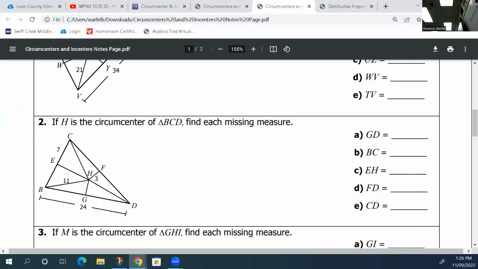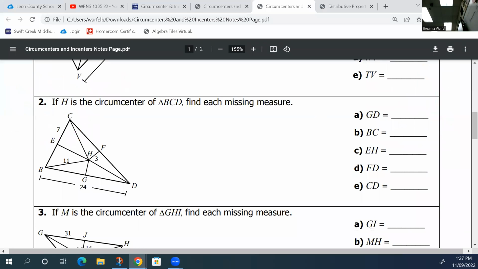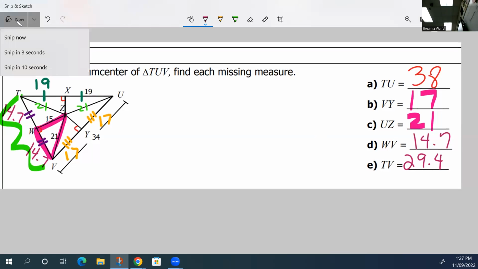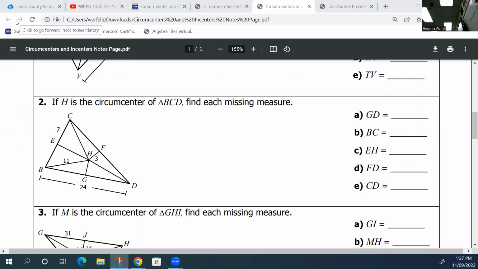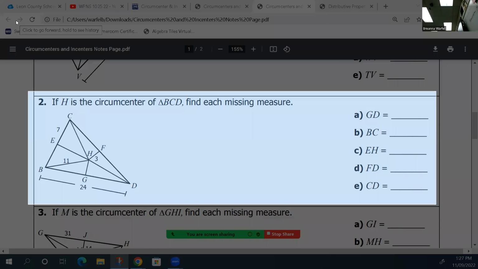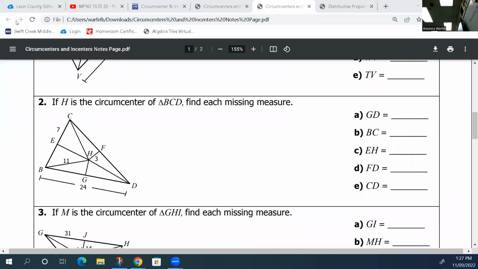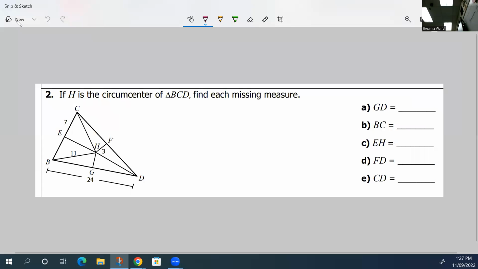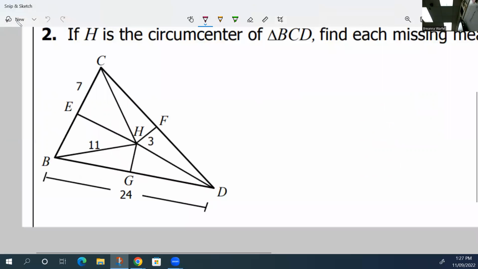So let's look at this one. Let's look at number 2. Okay, so it says that H is the circumcenter. So let's first of all look at everything that we know and try to add our pieces.